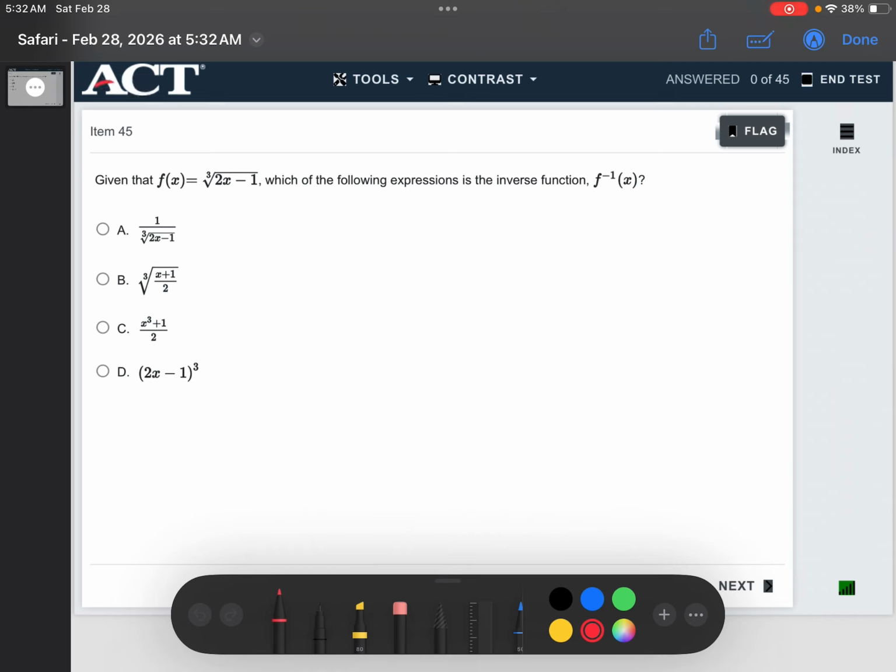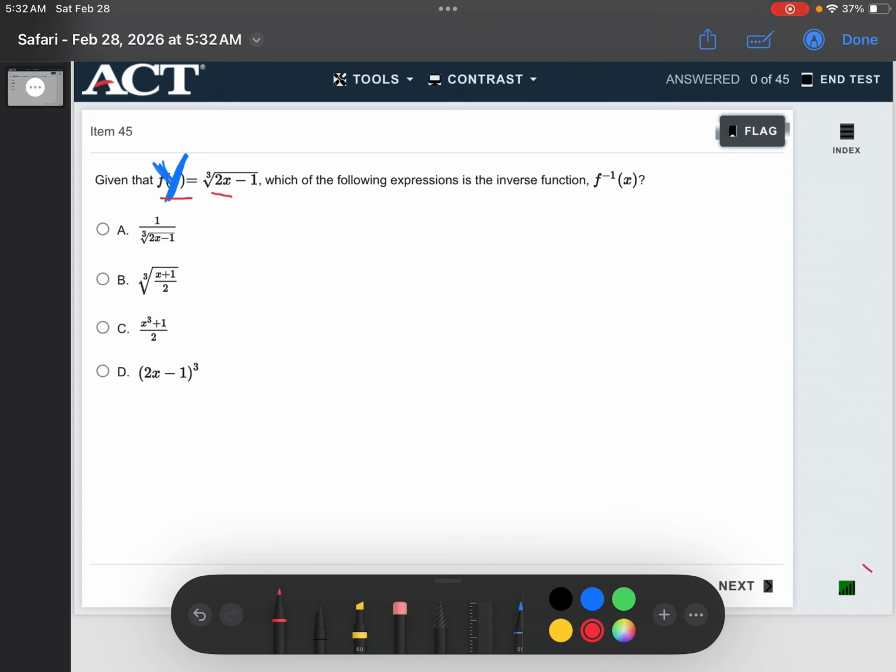So the way we do that is we switch our inputs and our outputs and then solve for our output. What we usually do when we talk about this in class is instead of calling it f of x, we call it y, right? Y just represents an output, because then it becomes a lot easier to switch your inputs and your outputs. So I'm going to switch where the x and the y are.